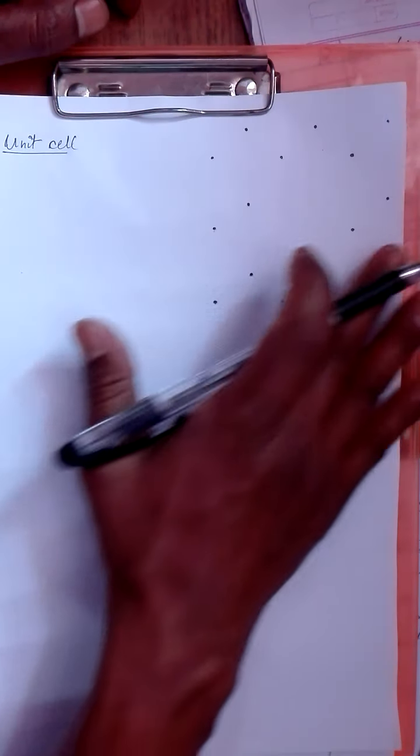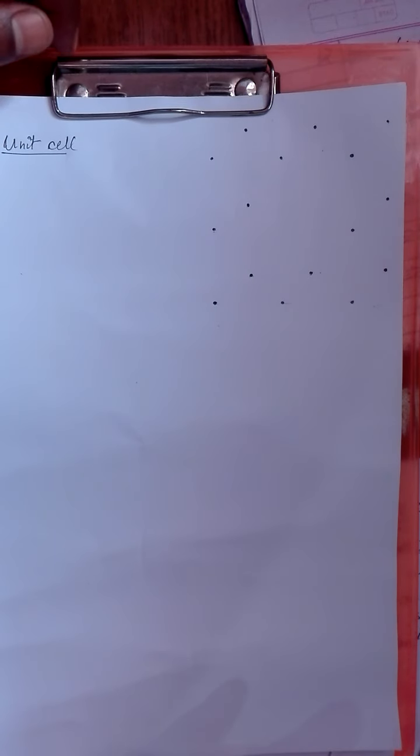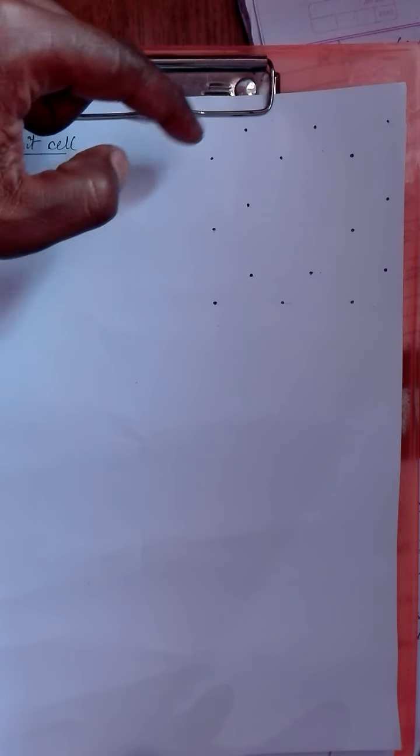So for this explanation, I will assume all these points are my crystal lattice or space lattice. I will assume that each of these points is a constituent particle, and this mode of arrangement of these constituent particles is called crystal lattice. Is it okay?